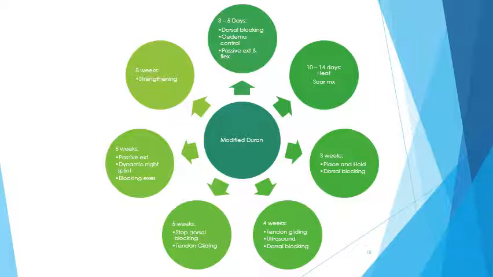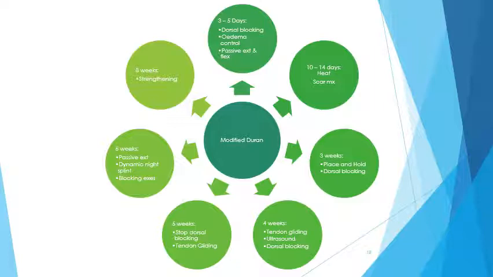So still on the original Duran and Hauser, at 5.5 weeks, repetitions increase to 10 to 12 reps every hour. But here the wristband is removed and active flexion is then started.